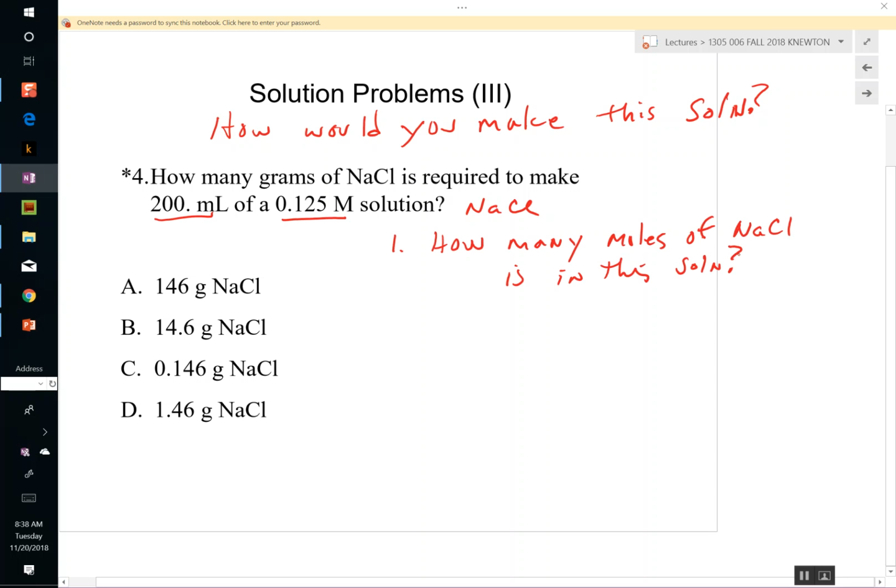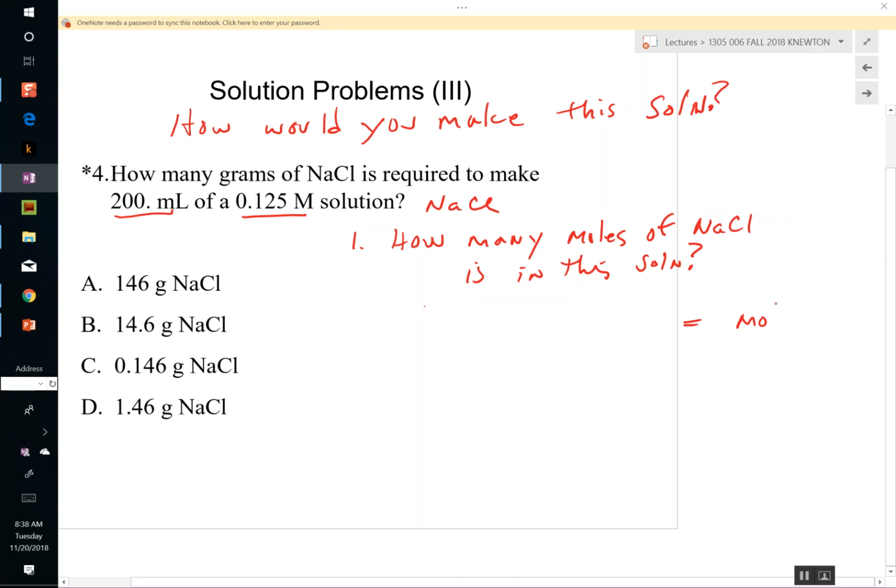If you could answer that question, you could figure out how many grams. Is that right? Okay. So how many moles? We're looking here for moles of NaCl. So this equation, the molarity times the volume in liters, is going to answer that question. Follow me? You got the molarity.